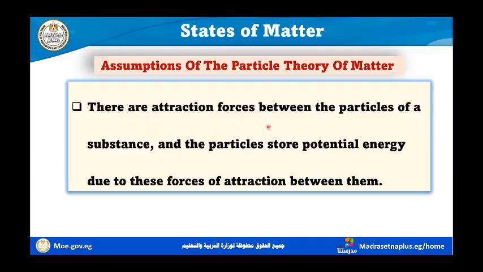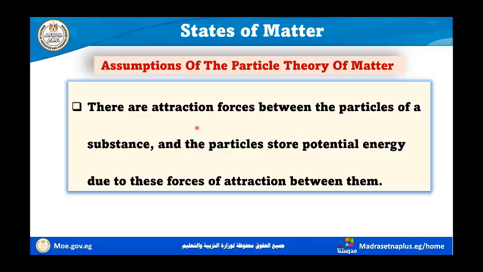There are attraction forces between the particles of a substance, and the particles store potential energy due to these forces of attraction between them. The attraction forces between the particles give the state of matter its properties, like fixed volume, definite shape, or fluidity, and so on.